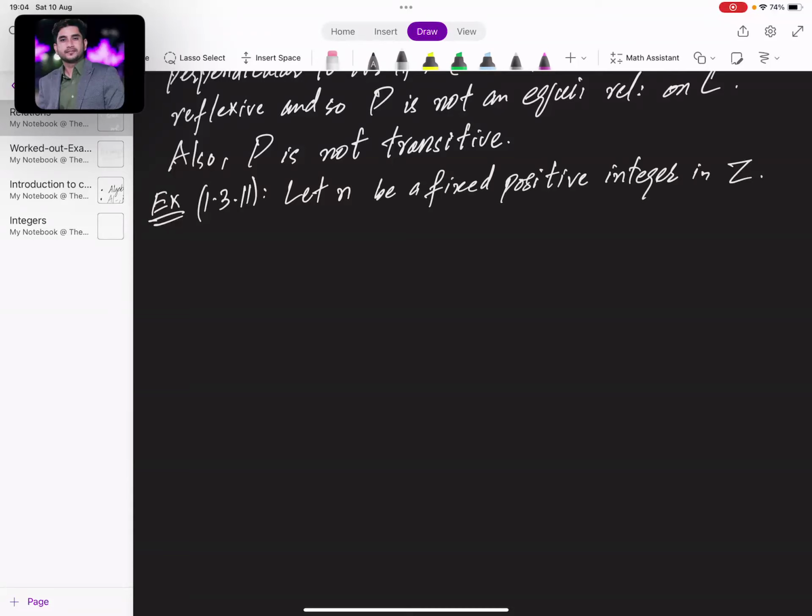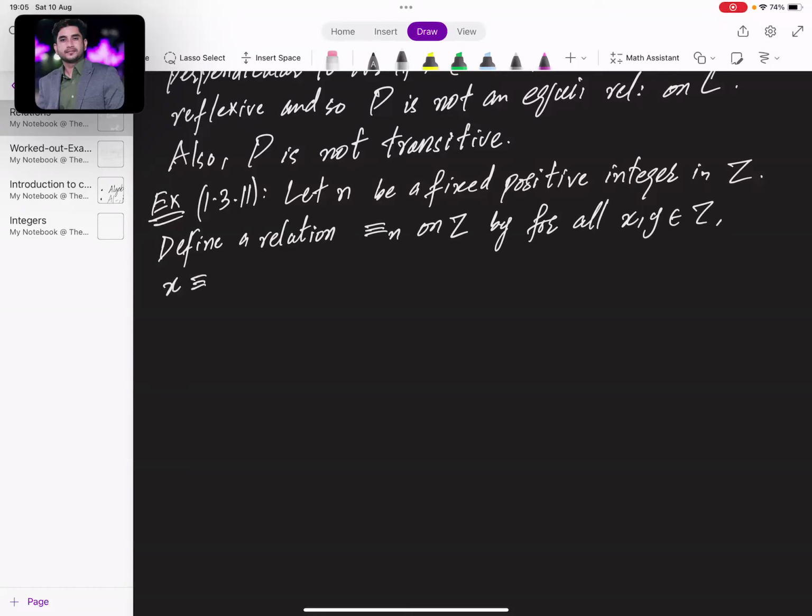We define a relation on Z by: for all x, y in integers, x is related to y if and only if n divides x minus y, i.e. x minus y is n times some k for some integer k.